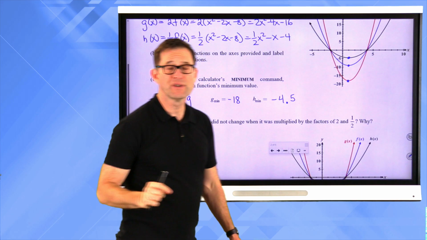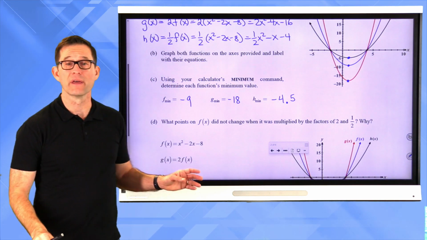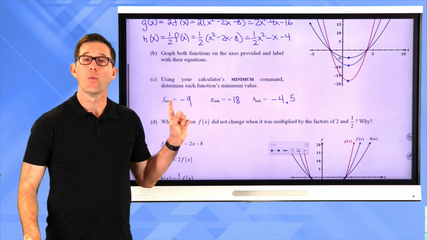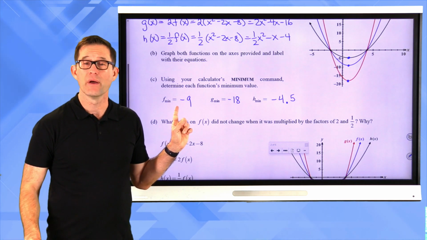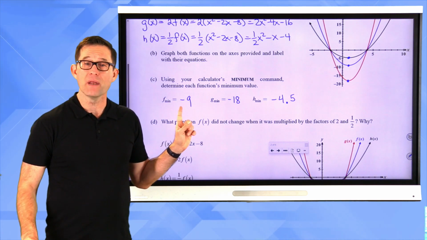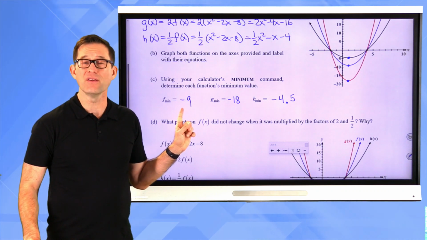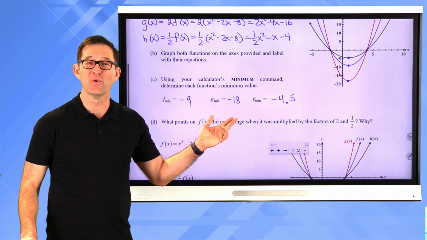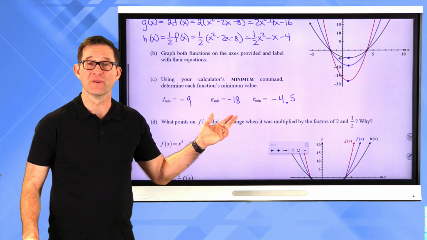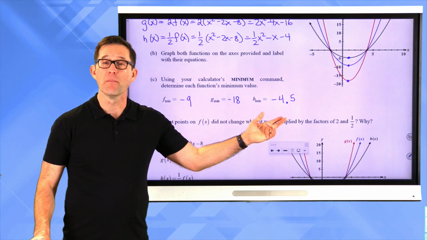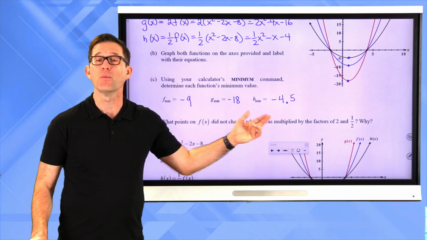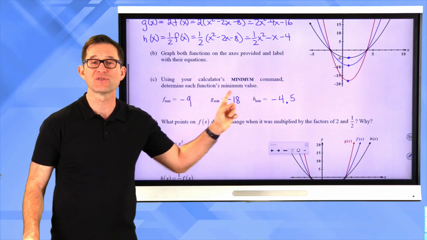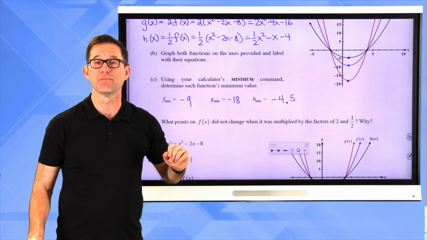Now, let's state the obvious. G of x was f of x times 2. The minimum value of f was 9 units below the x-axis, when we multiplied it all by 2, it got to be 18 units below the x-axis, and when we multiplied it by 1/2, it was then 1/2 of 9 units, or 4.5 units below the x-axis.